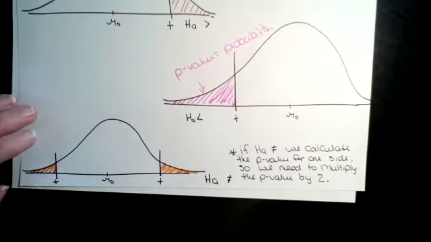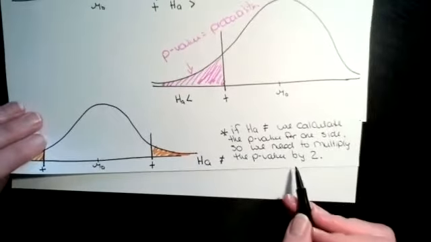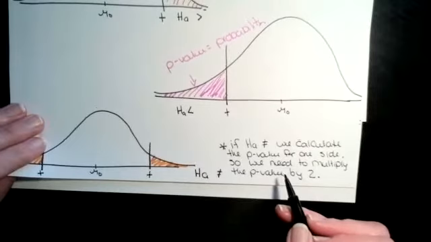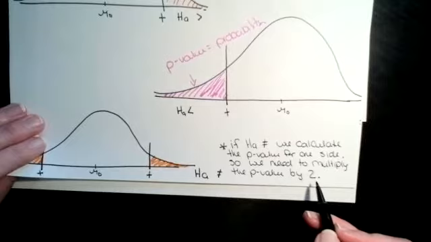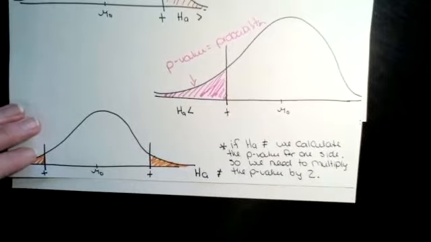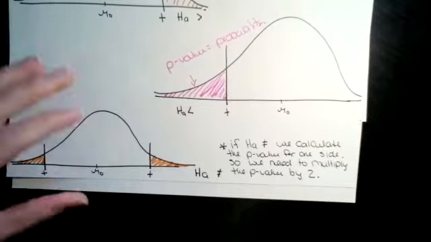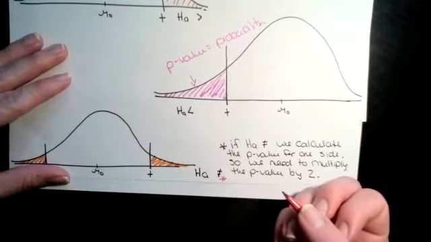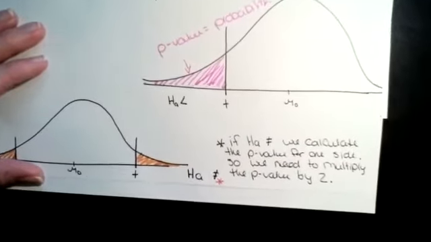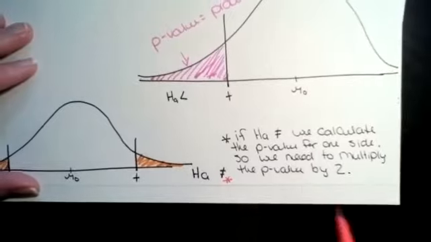I want you to think about it when you're doing it by hand, like we're doing with tcdf. That's when you multiply it by 2. If you're using technology, you do not have to multiply by 2. So I'm going to make a note of that, and I will type this up when I give the instructions for Minitab and give the instructions for the calculator, so we know.